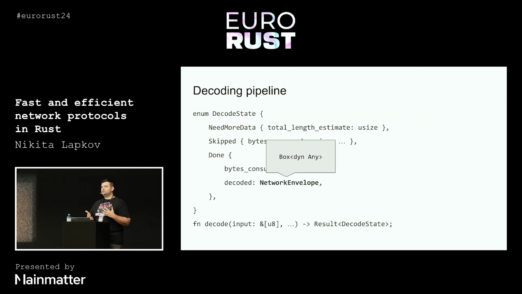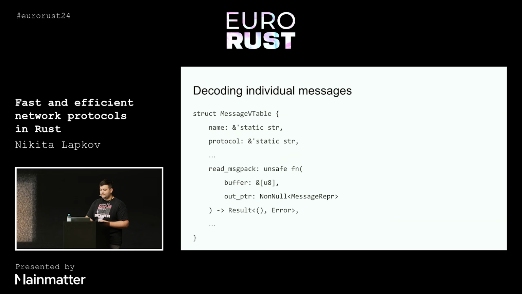All the serde functions usually have a generic parameter so that serde knows exactly what type we are decoding. But you might notice that there is no generic in the decode function. And there can't be, because we cannot just list all possible message types in the generic argument for the decode function. So how does it get the type of the Rust struct which we need to decode from the bytes buffer?